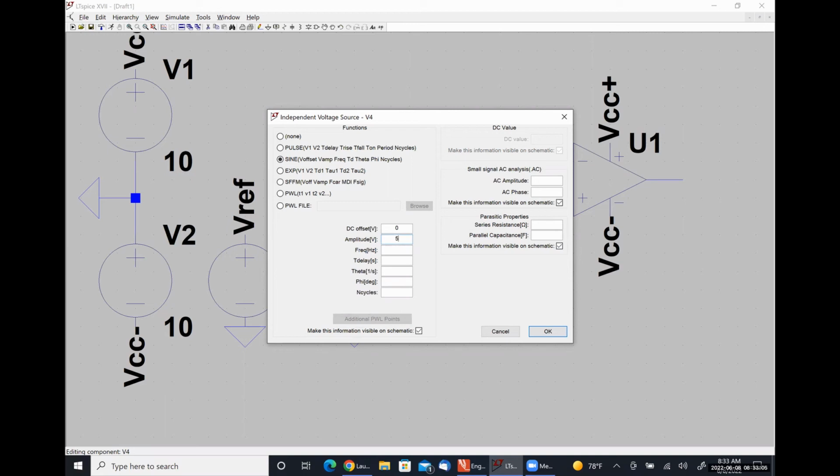This means it will range from +5 down to -5 and back over and over again. The frequency doesn't particularly matter for this circuit, so I'm going to say the frequency is 1 hertz, so that it takes exactly 1 cycle for our sinusoid to go from +5 back up to +5. I'm going to leave all of the other parameters blank.